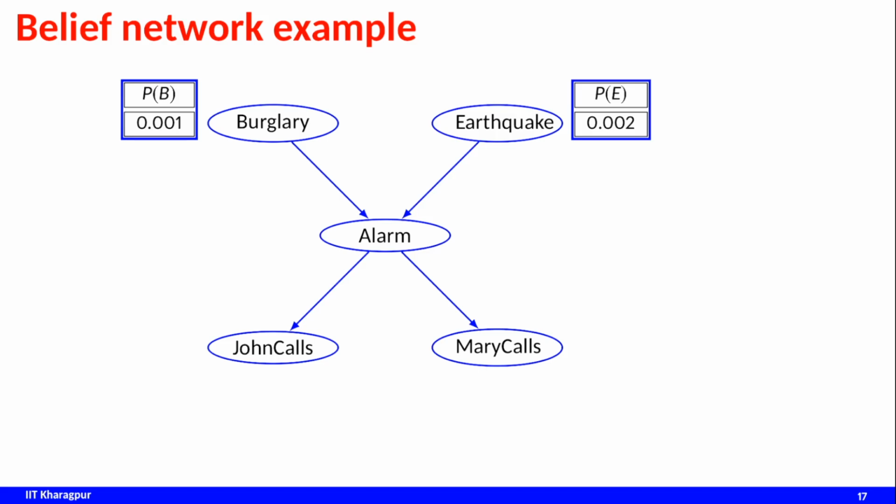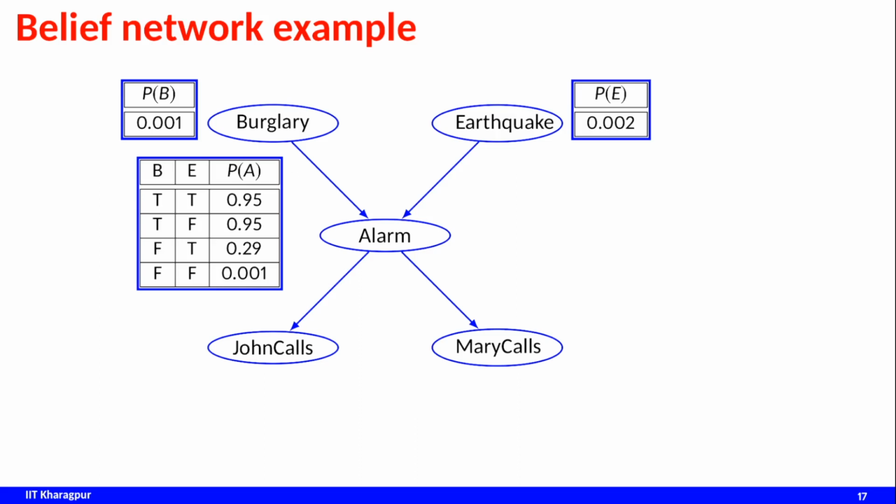The reason is that in this classical example, the person who developed it belongs to a place where earthquakes are more frequent. Leaving that aside, similarly we can proceed to the other conditional probability tables. For burglary and earthquake there is no condition because they are independent events.